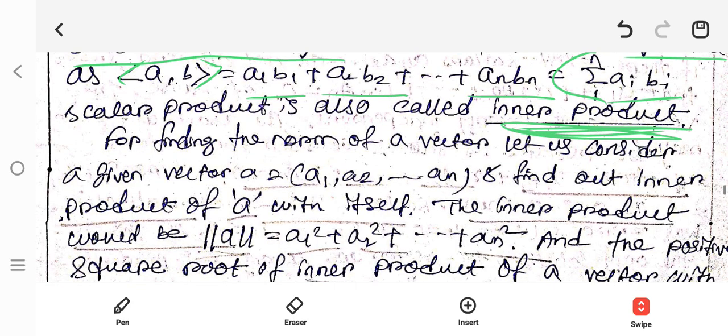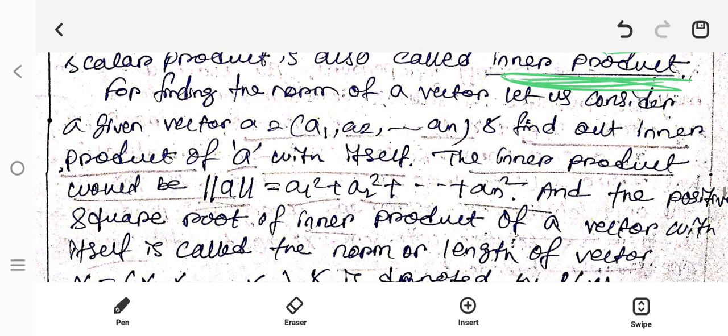For finding the norm of a vector, let us consider a given vector and find the inner product of this original vector with itself. The inner product is just the square of all the components added together.